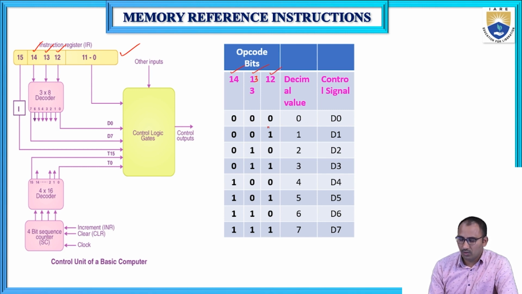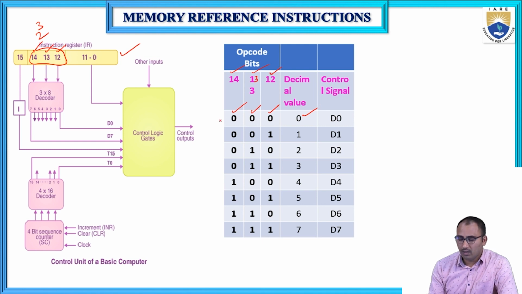Here the total number of bits is 3, so we have 2 power 3 input combinations. What is the first combination? When all inputs are zeros, the corresponding decimal value is 0.